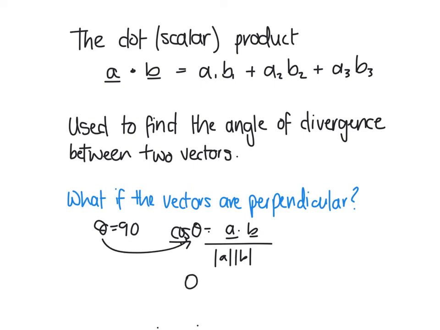So I'm going to get that 0 is the expression on the right, and of course multiplying up by that mod A mod B gives me that for perpendicular vectors, the dot product, A dot B, is 0. And that's a really, really useful little rule that you will need and you should have in your toolkit for problems.